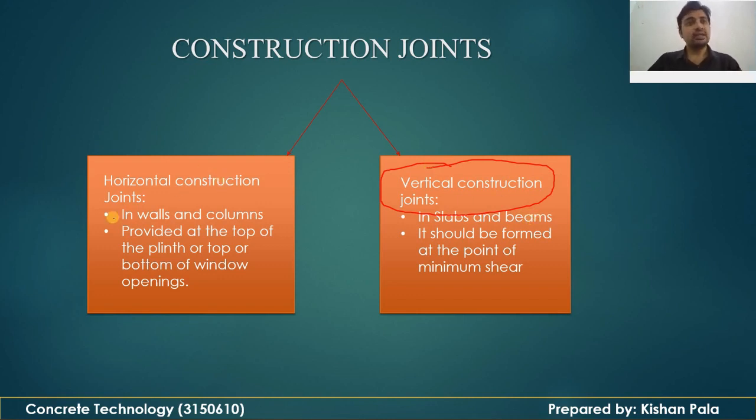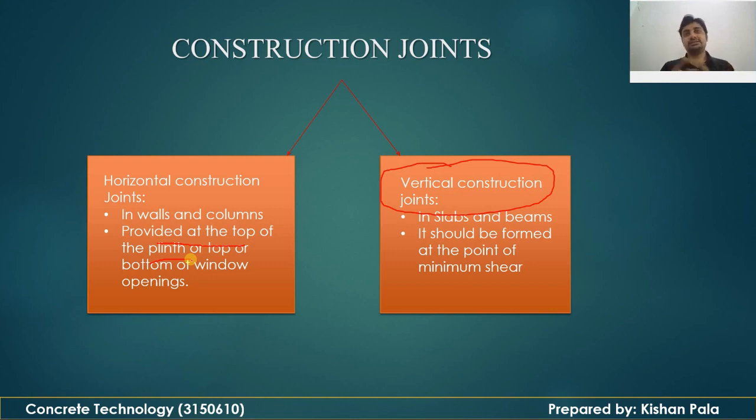The horizontal construction joint should be provided at the top of the plinth, or at the top or bottom of a window opening, due to the minimum shear force and minimum bending moment.